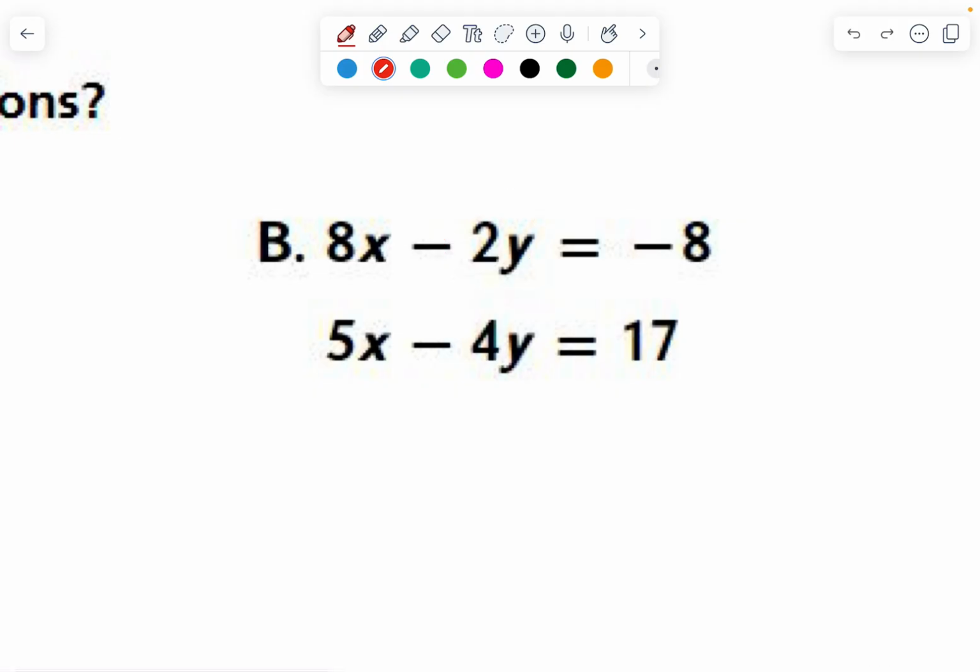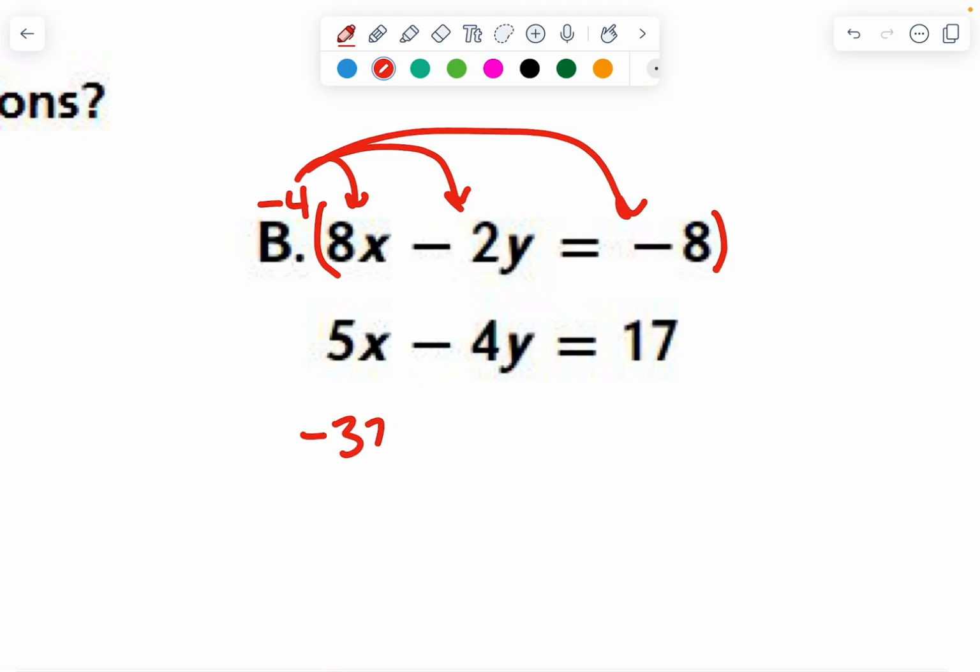I'll make the top one a positive 8y. To make a positive 8y, I'm going to have to multiply by a negative 4 right here. So multiplying the top one by negative 4, we're going to have negative 32x plus 8y equals a positive 32.